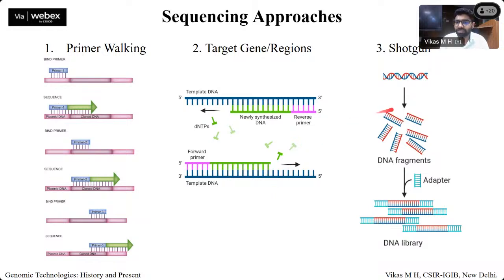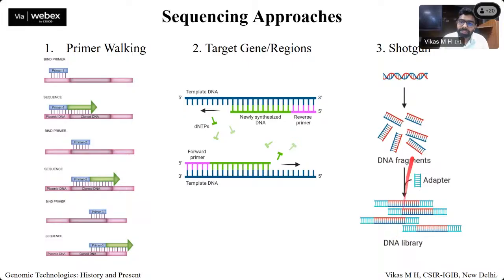What they came up with was the shotgun method, where you take the whole length of the DNA and fragment it into pieces without having to know where you are cutting it. You cut the DNA enough that you obtain fragments of less than around 600 to 700 base pairs, and you sequence all these fragments, and then try to find a consensus sequence after the sequencing is done by computational methods.